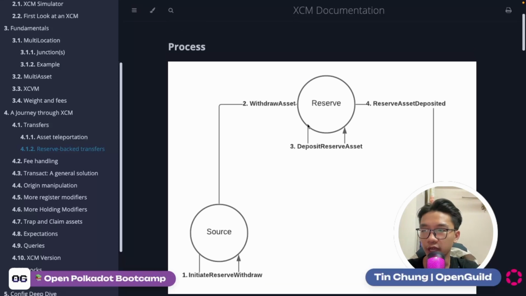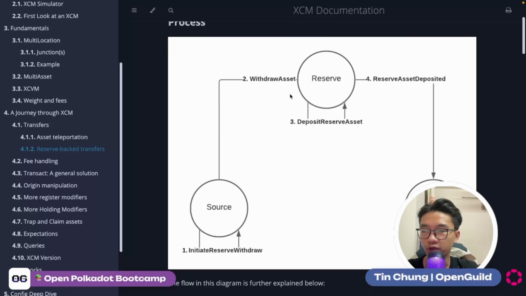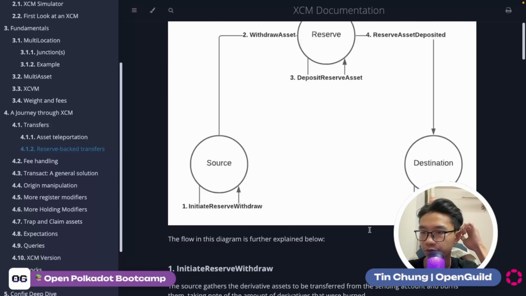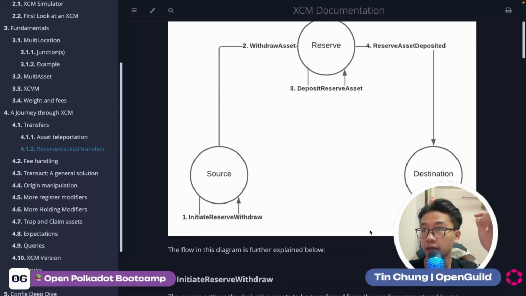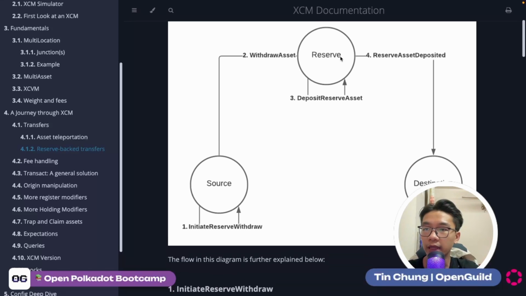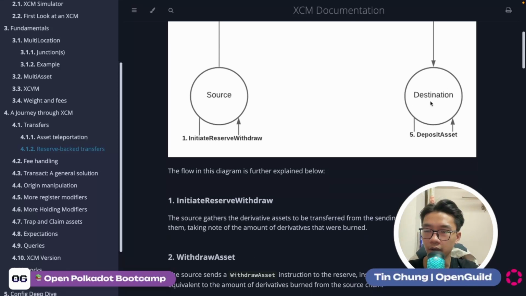And in the reserve chain, there is the instruction withdraw asset, which withdraws from the sovereign account here the real asset from the reserve chain, and it deposits to the account of the destination on this reserve chain a real token. Then it lets the destination know by these instructions about this event, and the derivative token is going to be added to the destination.